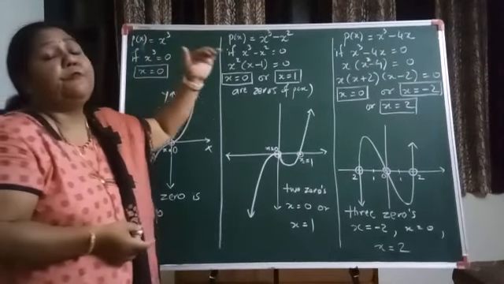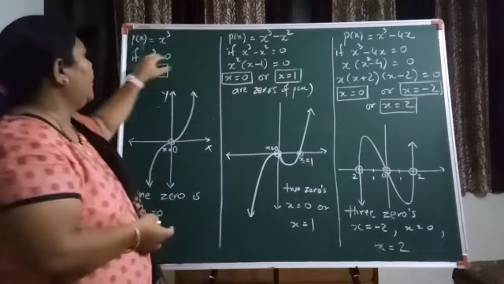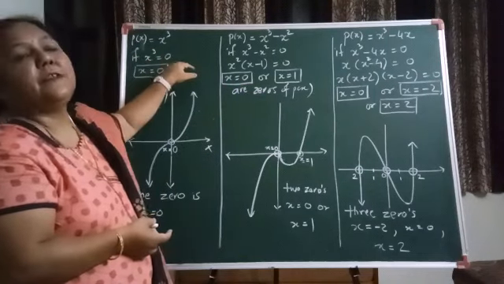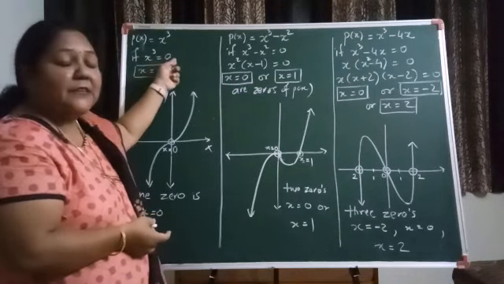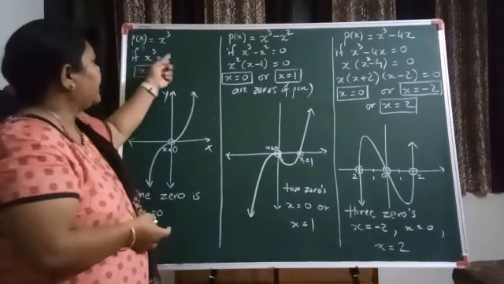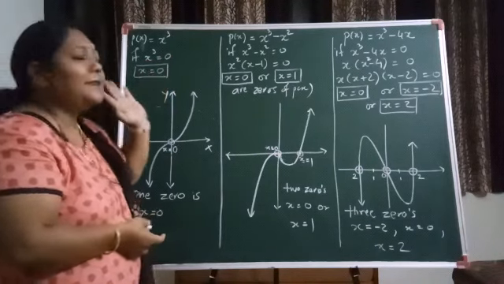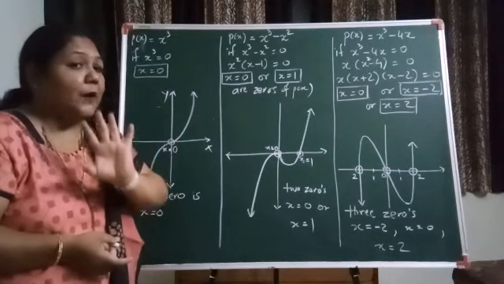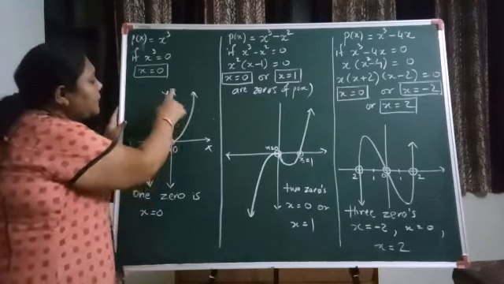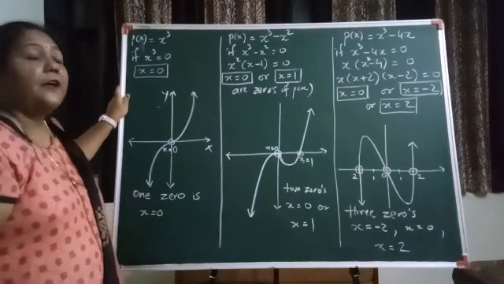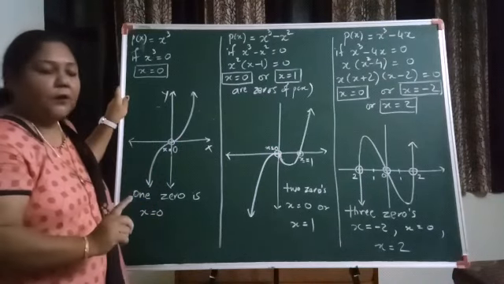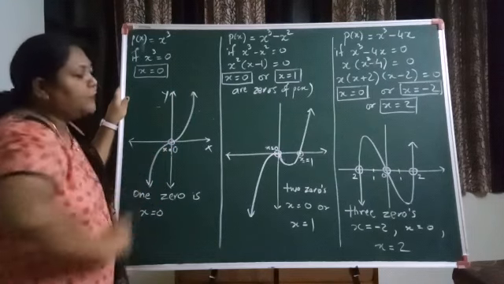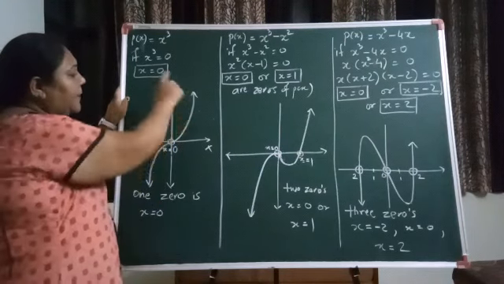If you wish to find the zero, what do you do? You say p of x is equal to 0, that is, x cube is equal to 0. If x cube is equal to 0, that means x is equal to 0. How many answers did you get over here? Just one, a single answer. If we draw the graph of a cubic polynomial, it is always going to be in this pattern, some curve like this.